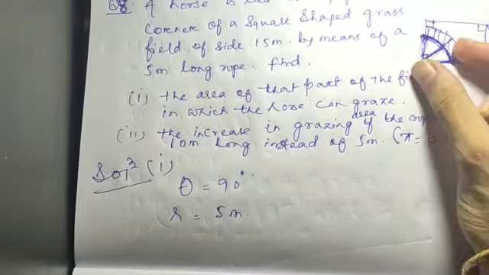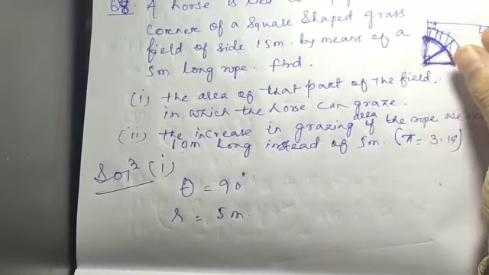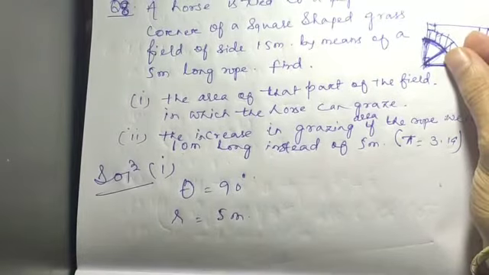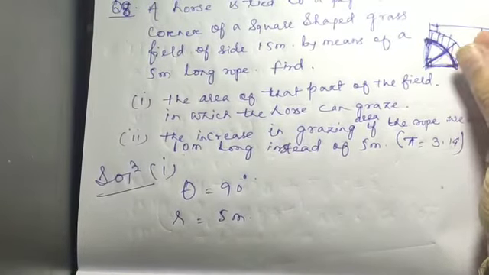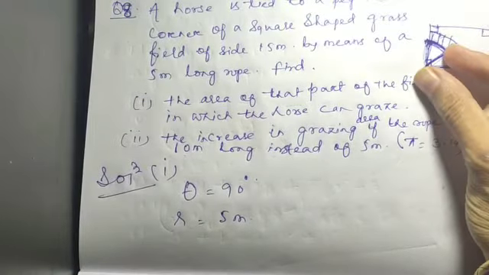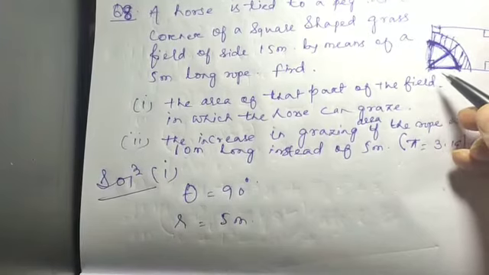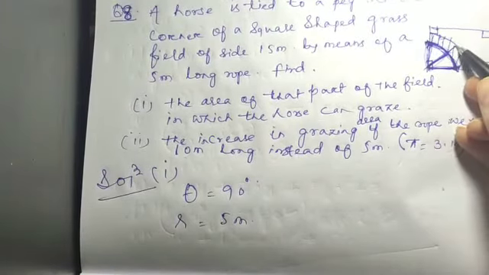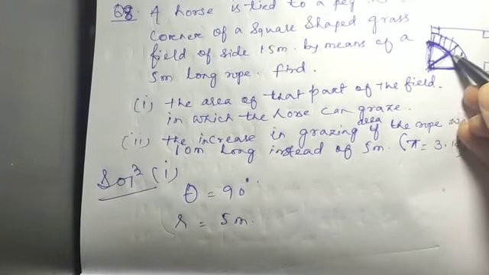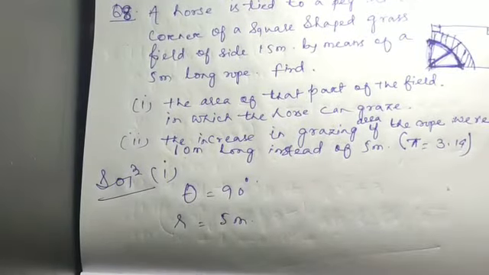If 10 meter, then this much grass can be grazed. If 5 meter, then this much. So this much is the increase in the area, and we have to find it out. That means area of this sector minus area of this sector. So the area of the grass grazed with rope 10 meter minus the area of the grass grazed with rope 5 meter. I hope you got it. Number 2.